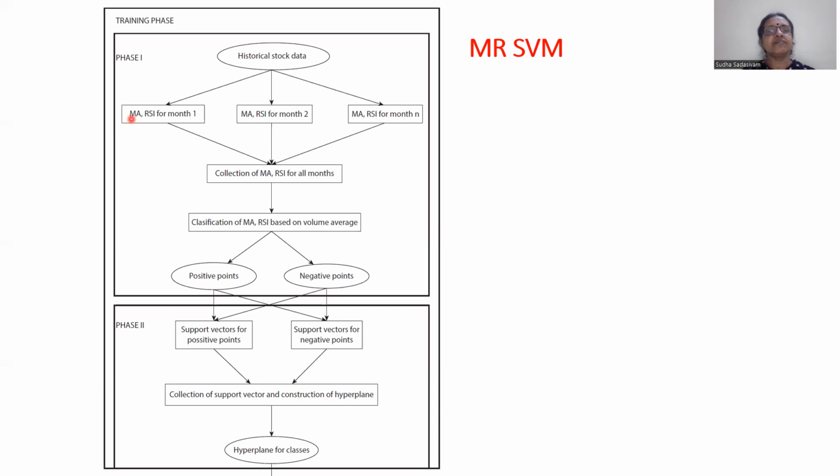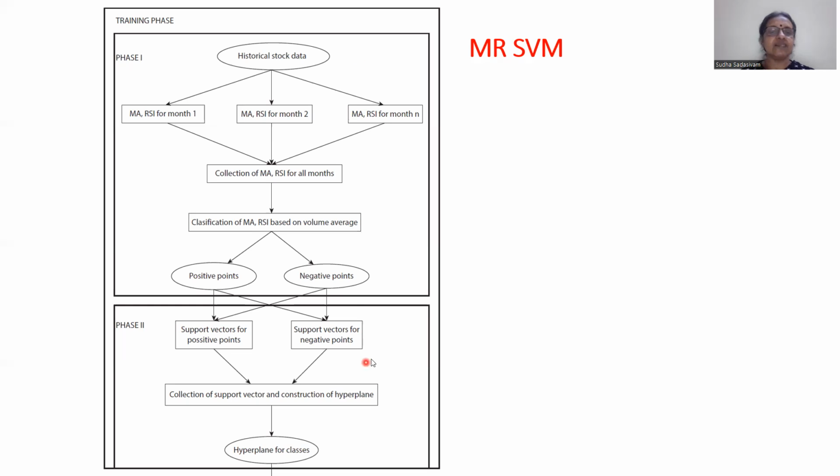For example, calculation of the moving average and relative strength index for different months can be done in parallel and the results can be aggregated for all the months. And then based on the movement of the stock prices, the points can be classified as positive and negative points. So this forms the first cycle of the map reduce.